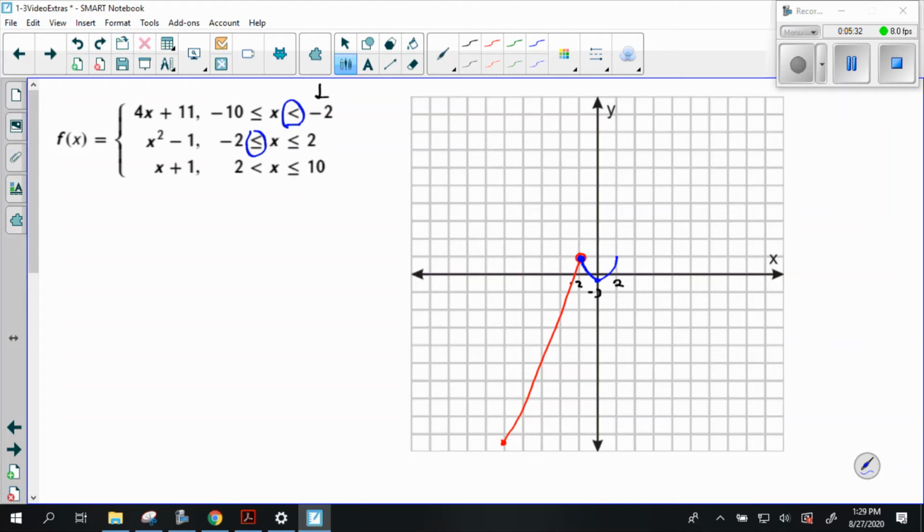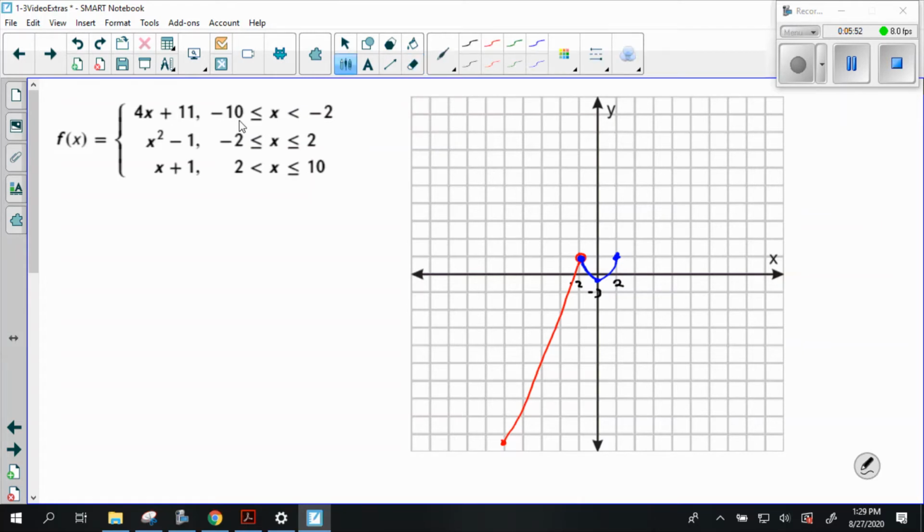And this value, x equals 2, is included in this graph, so we'll fill it in. All right, both 2's are filled in. Fantastic. So we've got the function x squared minus 1 graphed between -2 and 2.